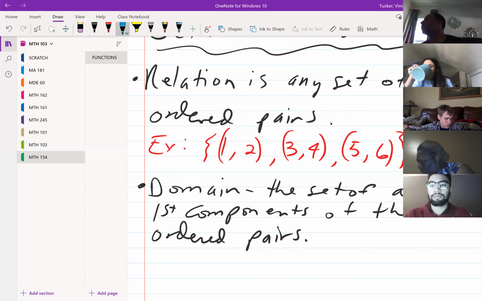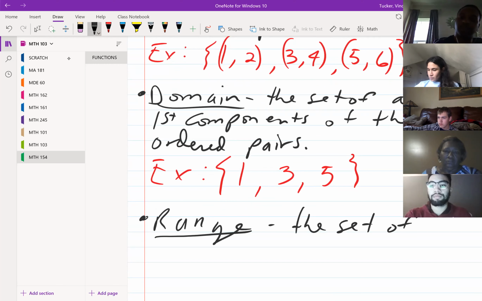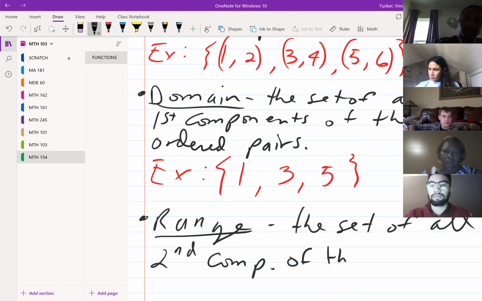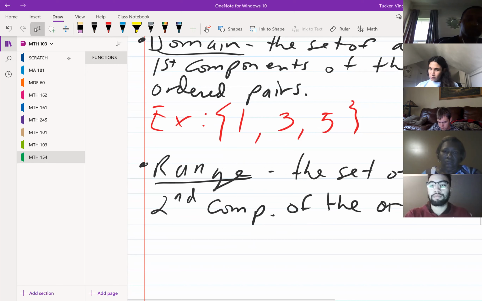So that's 1, 3, and 5. And then your range will be the set of all second components of your ordered pairs.